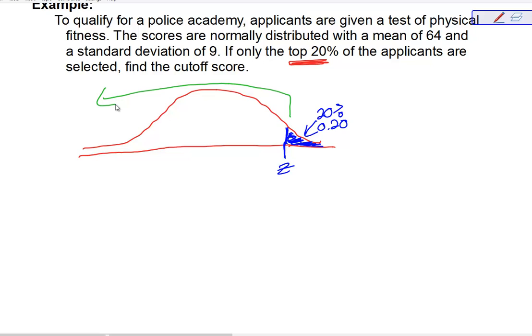If the right is 0.2, this is going to be 1 minus 0.2, which is 0.80, 80% of them. In other words, 80% of the applicants don't make the cutoff. So this is what I actually look up in the center of my table. Remember, we did this in a previous video.